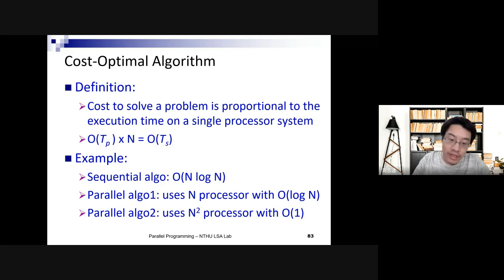Okay, so you can see the complexity and the time may sometimes show different results. It depends on which one you care about more, right? In some cases, the programmer really only cares about the time, so they are willing to spend more resources and do the parallel computation less efficiently in order to achieve the best time.